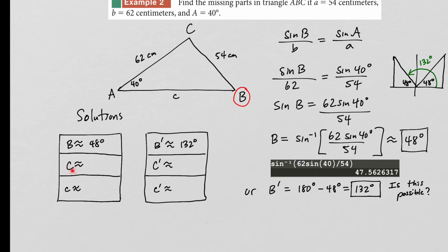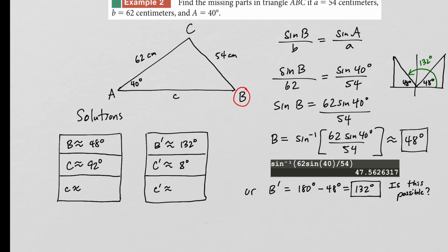Now we have to find angle C. Well, in the first scenario, angle A is 40, angle B is 48, so angle C would be 180 minus 40 minus 48, which would be 92 degrees. And in the second situation, angle A is 40, angle B is 132. Together, these angles make 172, which means that angle C prime would be 8 degrees, right? So again, you find that third angle by simply subtracting the first two from 180.